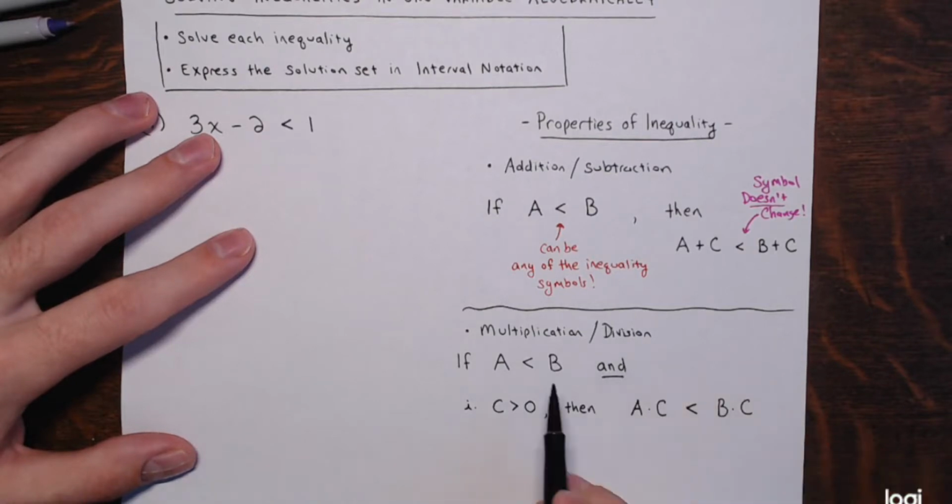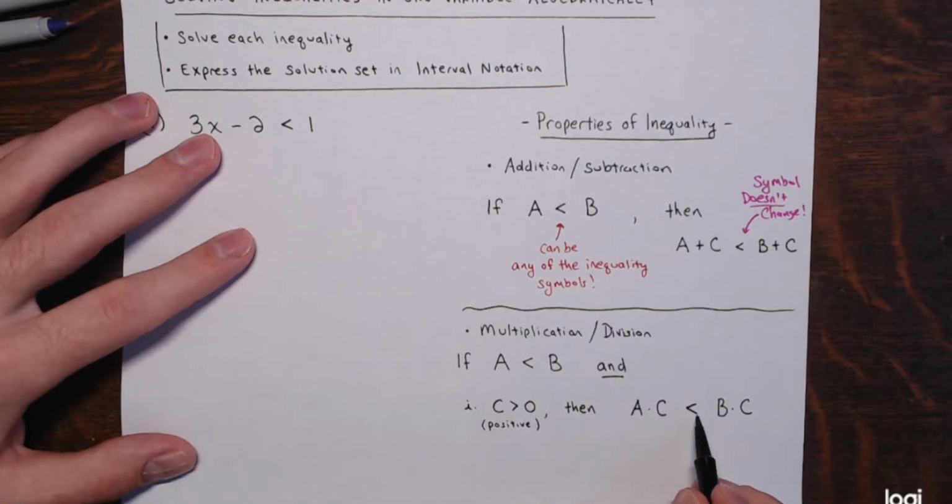The symbol doesn't change. All right, the symbol doesn't change when multiplying or dividing both sides by the same positive number. All right, so if A is less than B, and C is a positive number, then A times C will still be less than B times C.